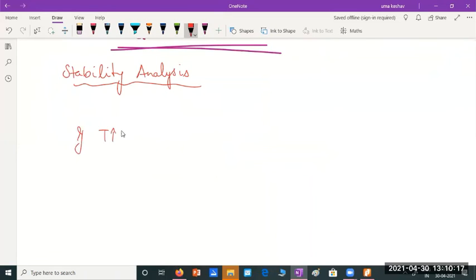If temperature increases or beta increases, this would cause the collector current and hence emitter current to increase. We'll start off with this assumption and we'll see what will happen in the circuit, how this circuit behaves.